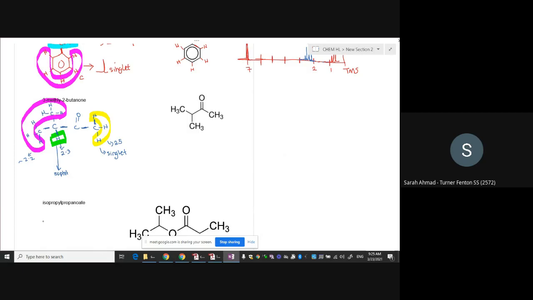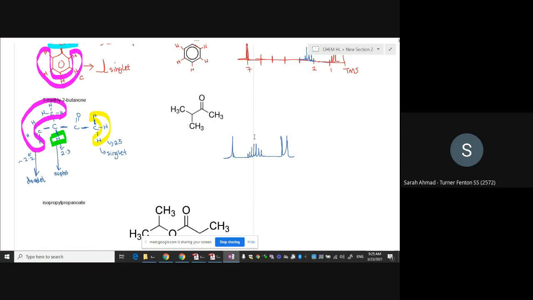And then these hydrogens here will only feel the splitting of this neighboring one, so this will be a doublet. So we're expecting this pattern: the singlet to be the most downfield, followed by the septet, 1, 2, 3, 4, 5, 6, 7-ish, and then further down the line, the doublet.